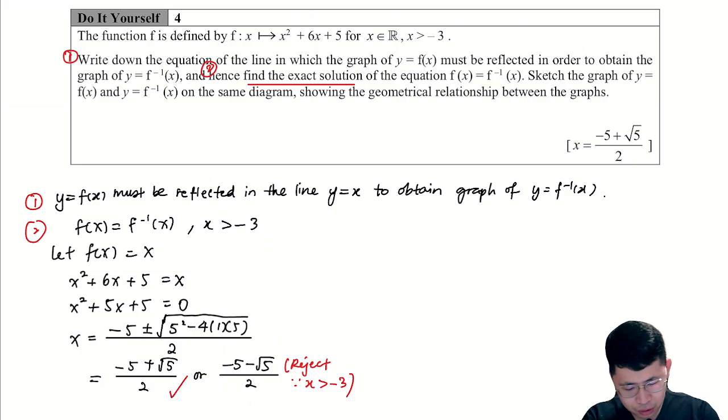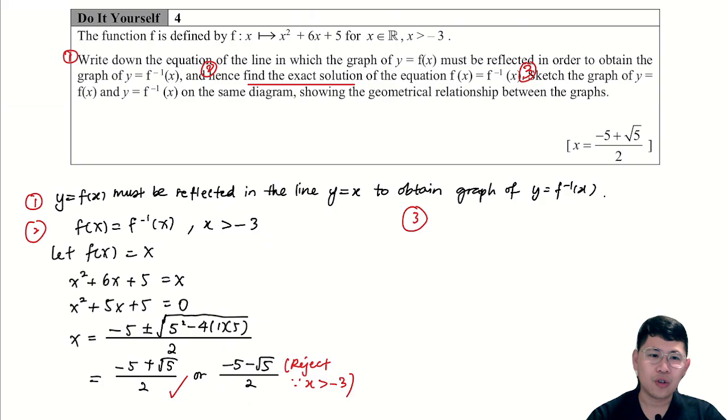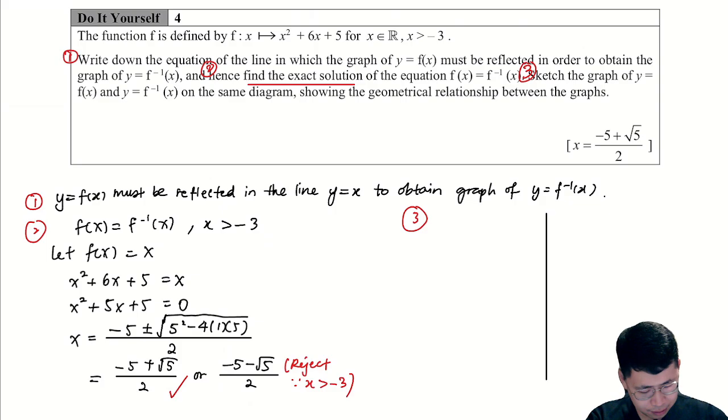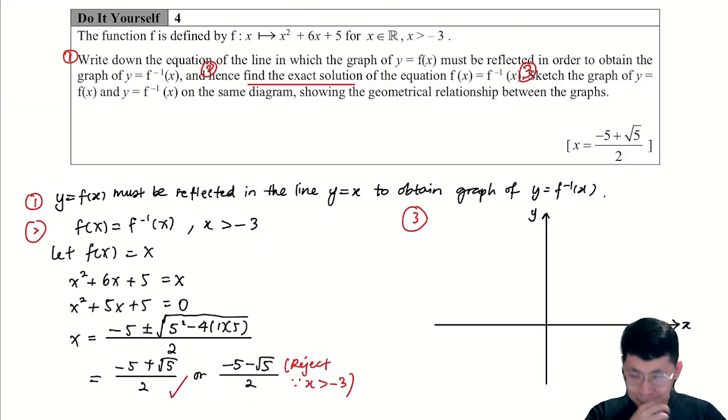Okay, part number 3, sketch the graph of y equals f(x) and y equals f inverse of x on the same diagram. So what we'll do is, first I will put in my axes. Okay, the next thing I will do is to look at where is the minimum point.